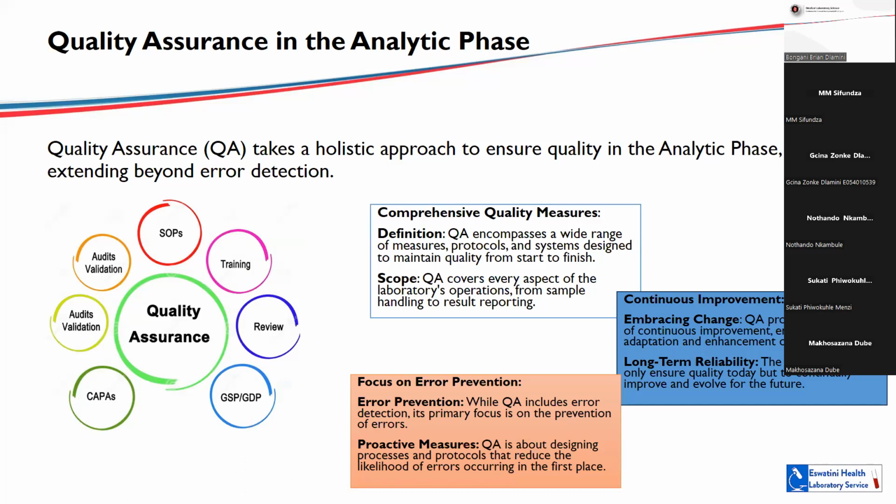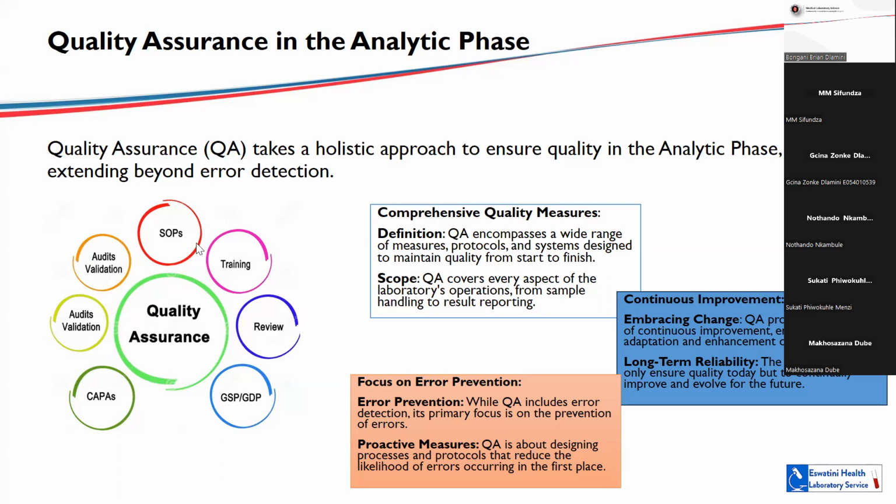We have that diagram of quality assurance that says it works hand in hand. So we need all those other things when we work with quality assurance. That could be our standard operating procedures, training of our staff, review of our documents, and all other things.